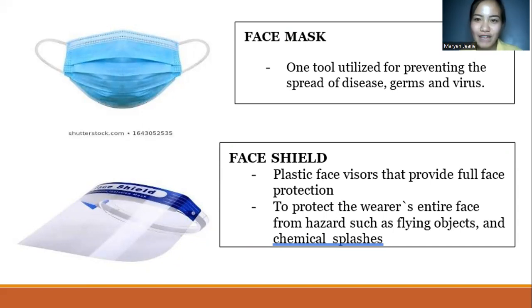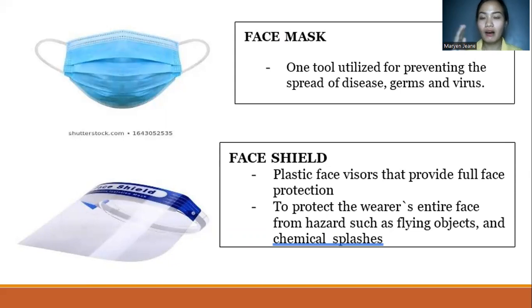Another one is the face shield. This is a plastic face visor that provides full face protection. It protects the wearer's entire face from hazards such as flying objects and chemical splashes. Before, when the COVID-19 virus was very rampant, or the cases in our community were very high, a face shield was required in every establishment.